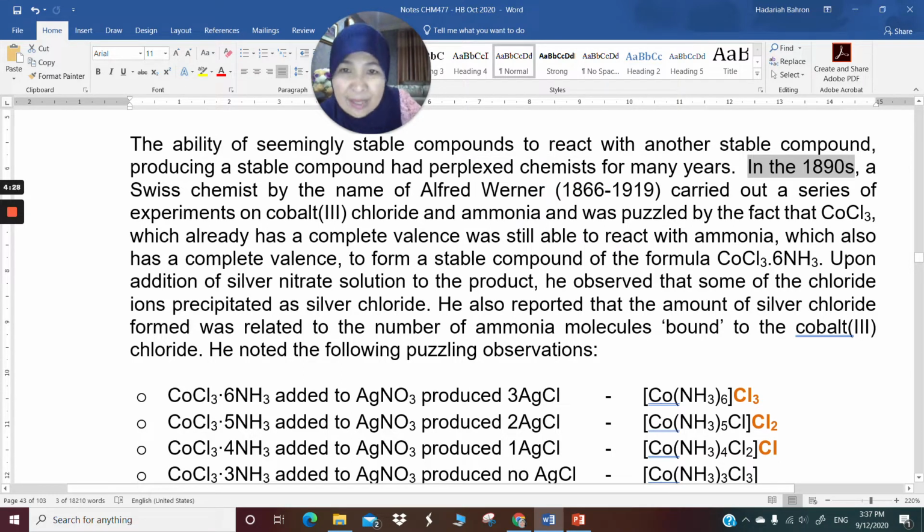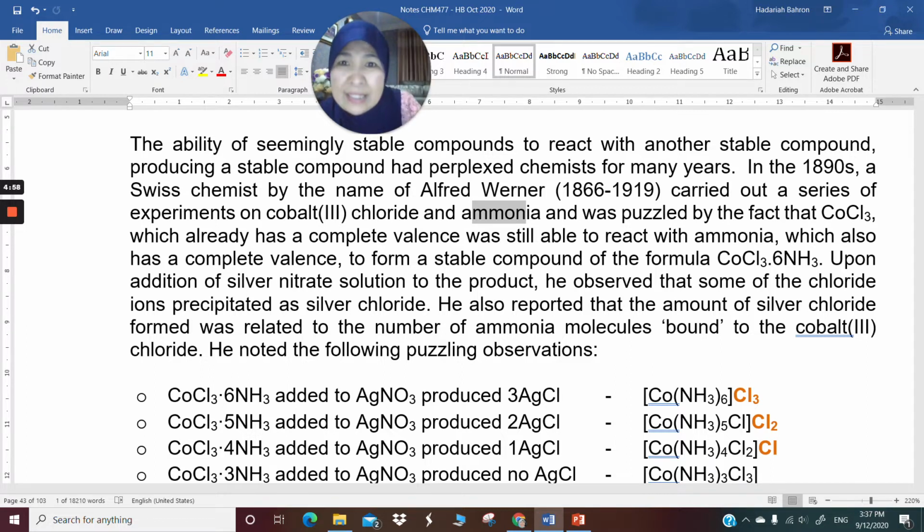Both compounds are stable. So he did not expect to see any chemical reaction happening when he added cobalt 3 chloride into ammonia. What he expected would be just a solution of cobalt 3 chloride in ammonia.